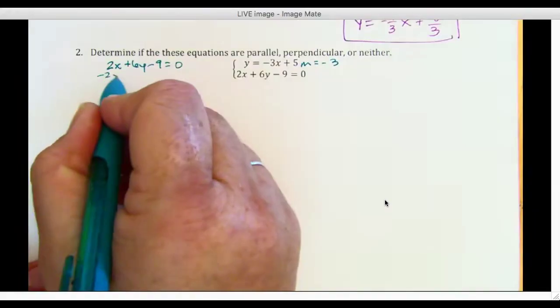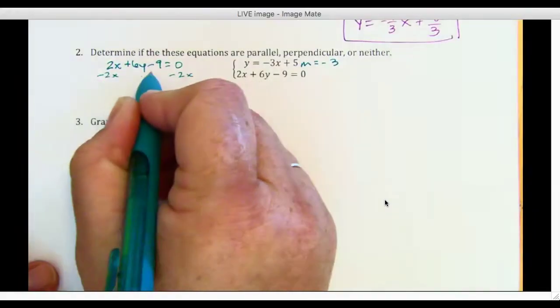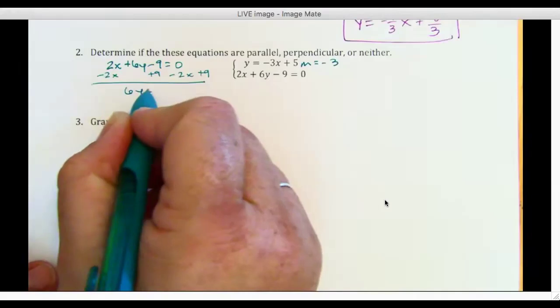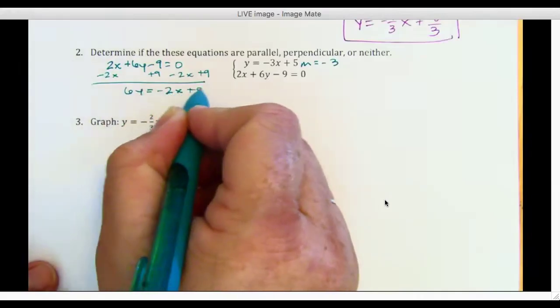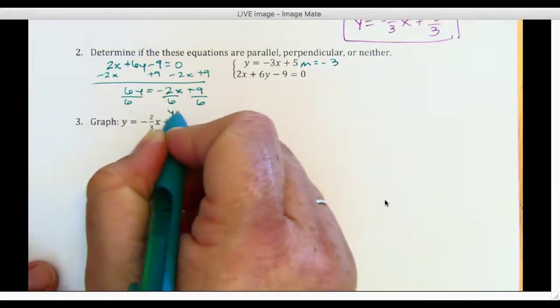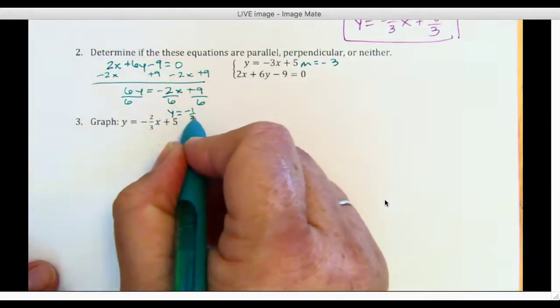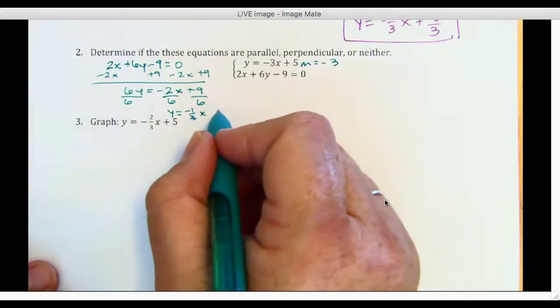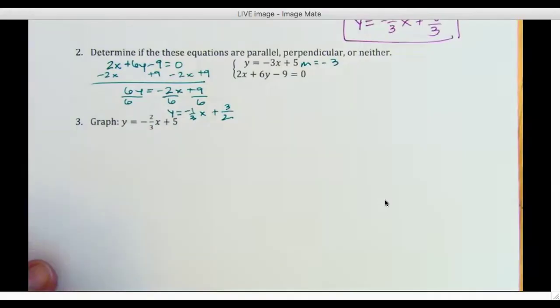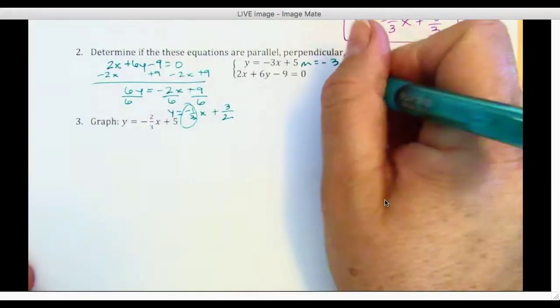So subtract 2x and add 9, and we end up with 6y is equal to negative 2x plus 9. Dividing by 6 everywhere, we end up with y is equal to negative 1/3 x plus 3 over 2. Well, here my slope is negative 1/3.